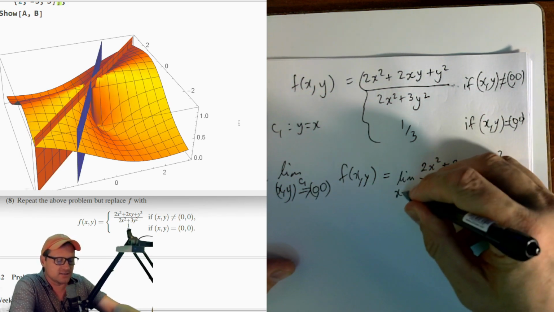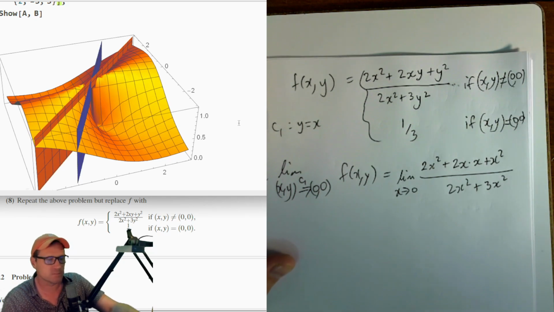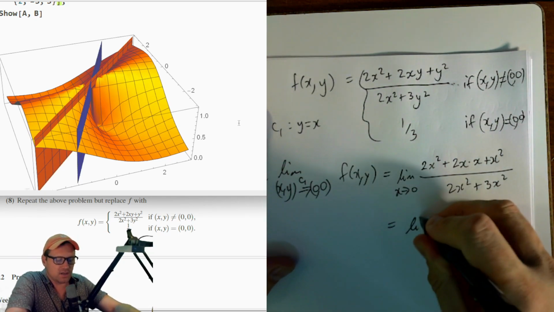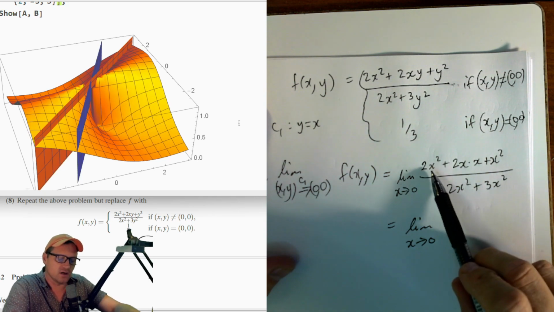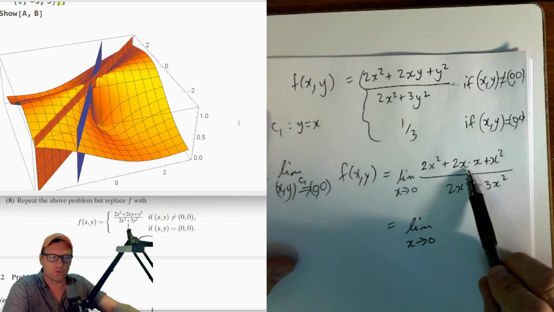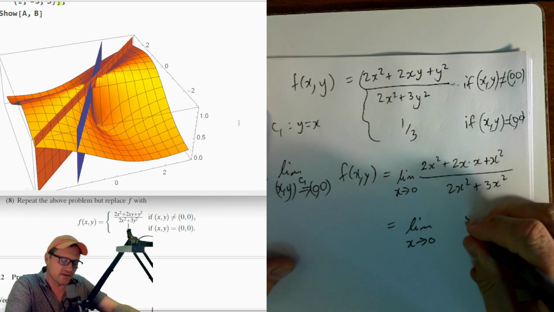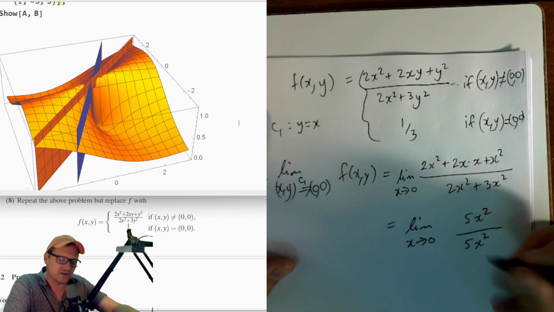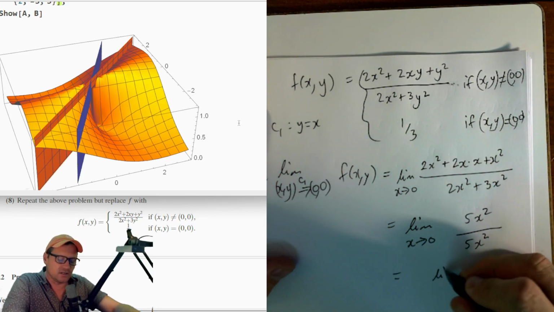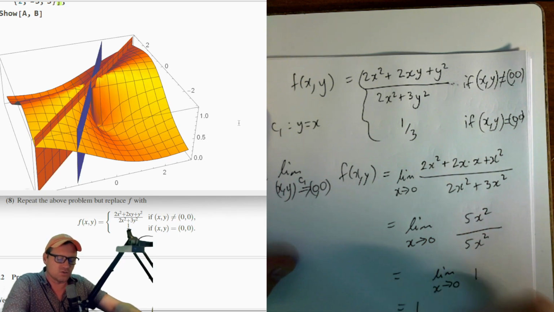This is the limit as x approaches 0. Now we can collect like terms: 2x squared plus 2x squared is 4x squared, plus another x squared is 5x squared. In the denominator, we also have 5x squared. So we've got the limit as x approaches 0 of 1, which is 1.